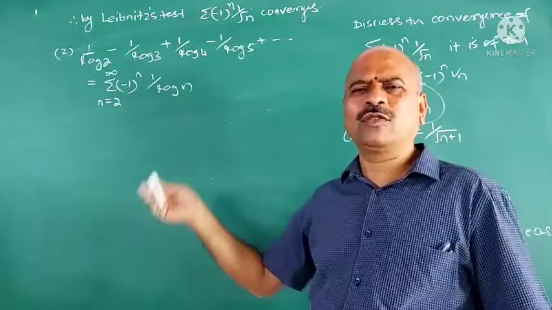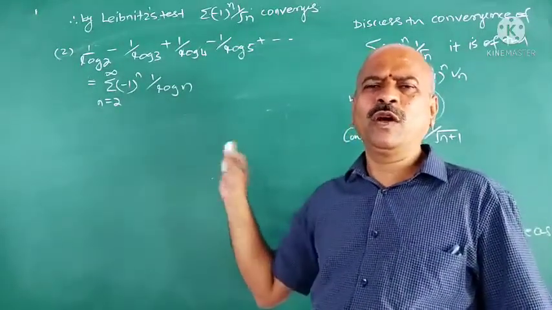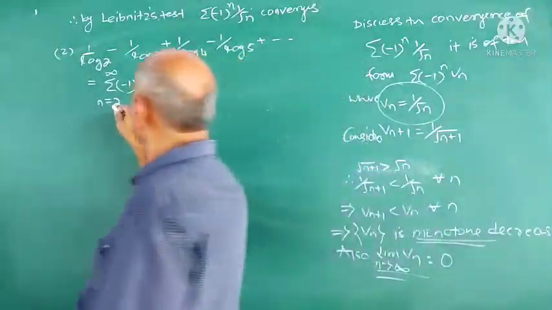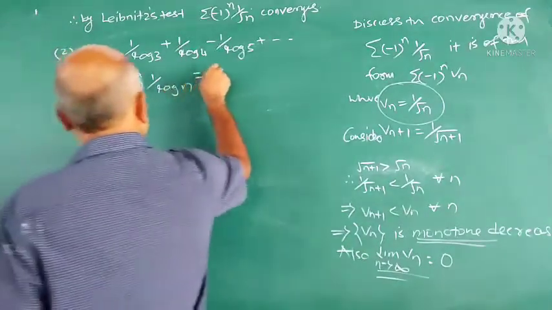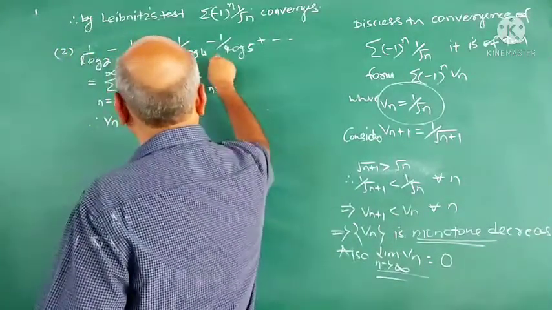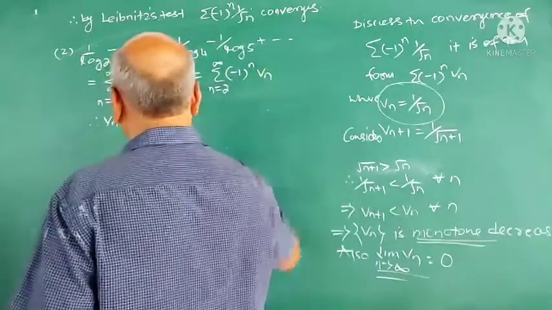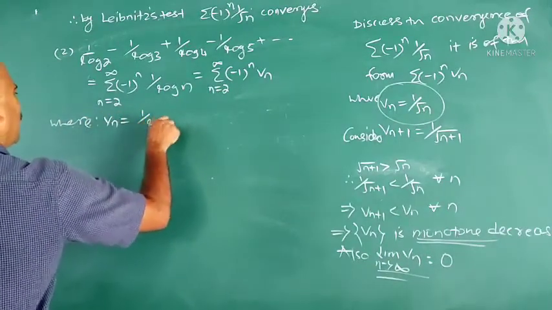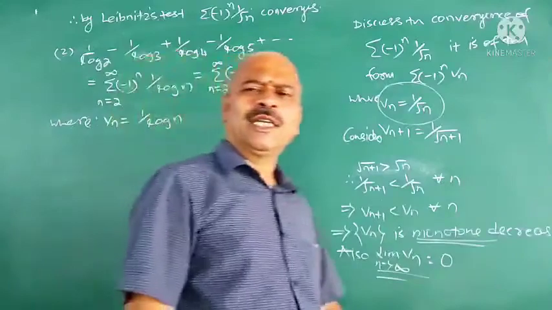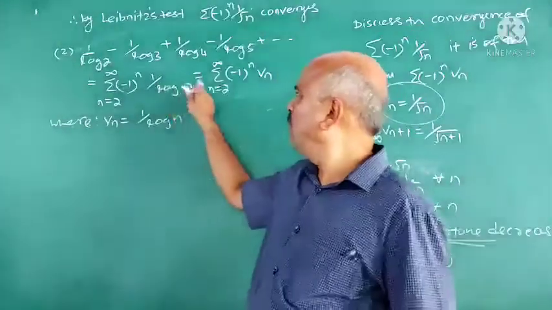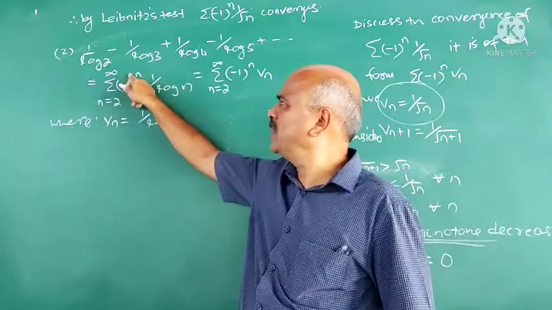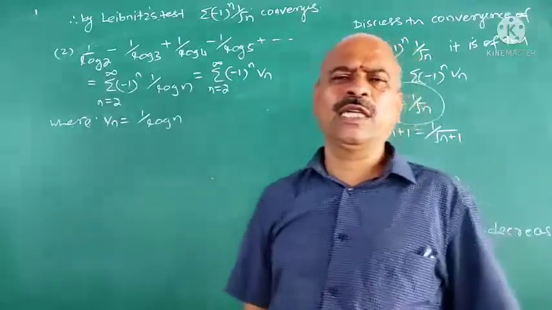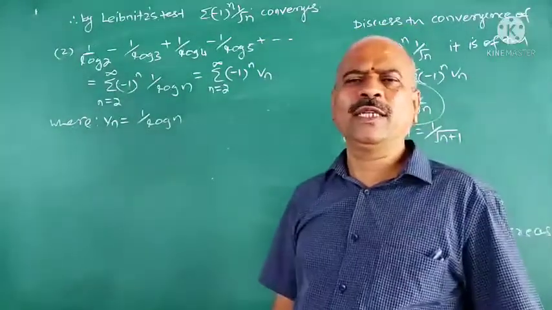Therefore it is sigma 2 to infinity minus 1 raised to n Vn, where Vn is 1 upon log n. What is Leibniz test? Sigma minus 1 raised to n Vn converges if Vn is monotone decreasing and limit Vn tends to 0 as n tends to infinity.